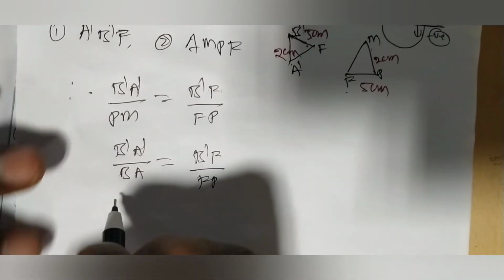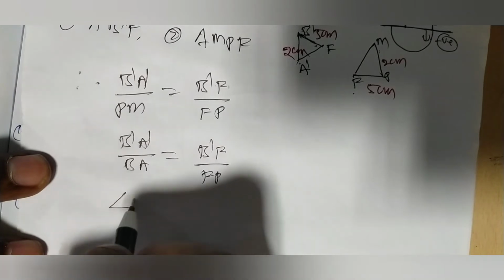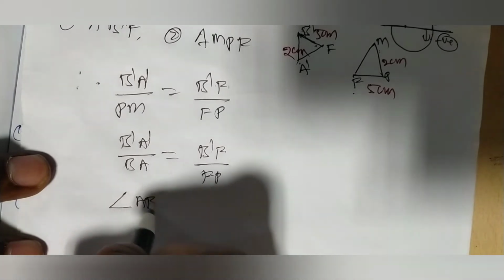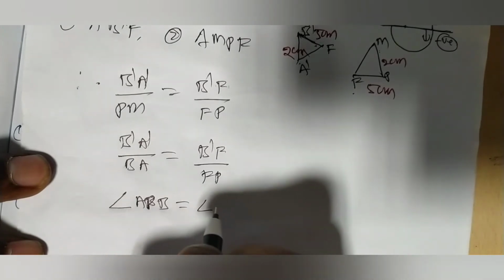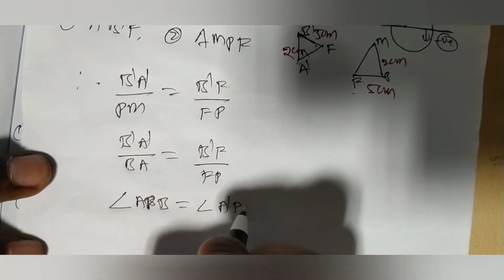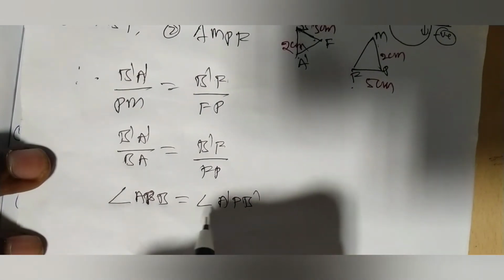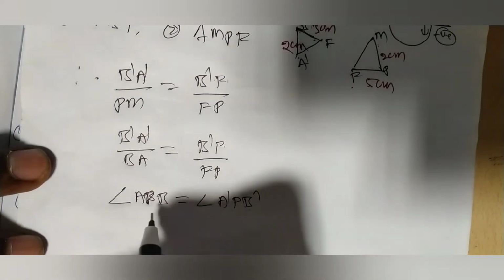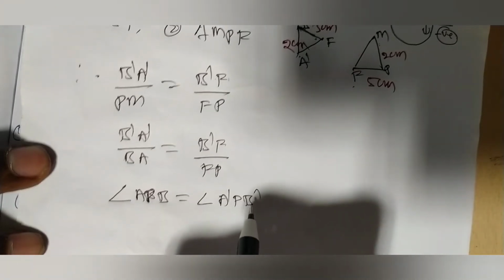Now, according to the law of reflection, the incident angle APB is equal to the reflected angle, that is A dash P B dash. That is the right angles. In the case of right angles, the incident angle equals the reflected angle.